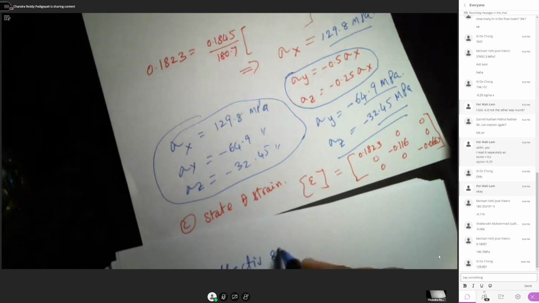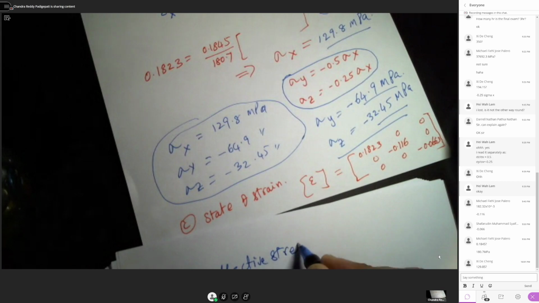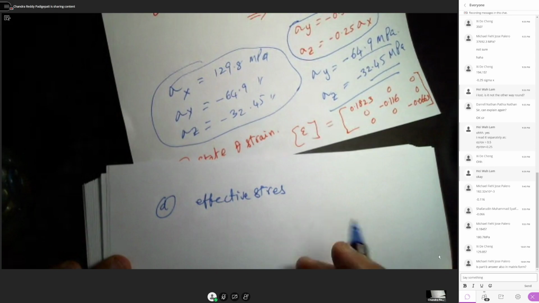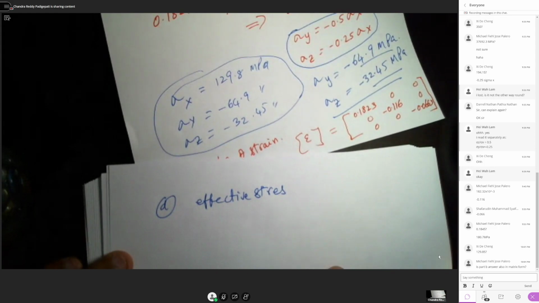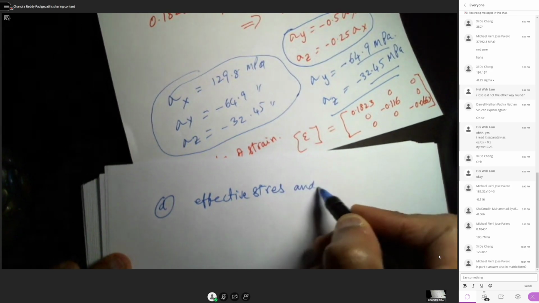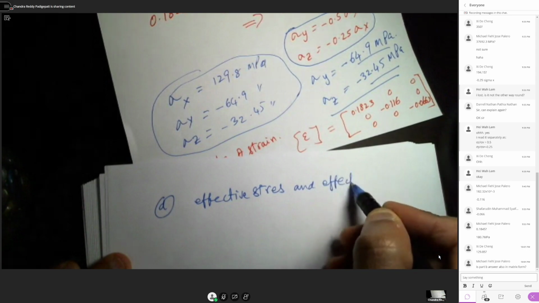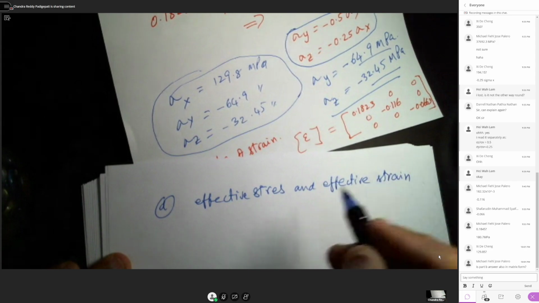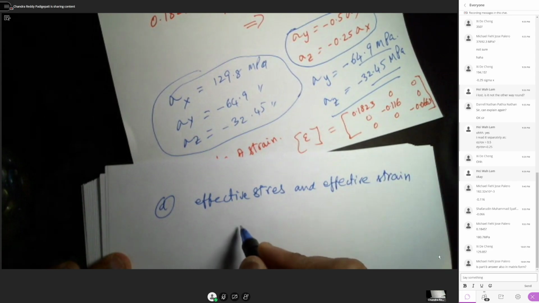For part B, it is better to show the answer in matrix format, so you can show part B in matrix format also. Both effective stress and effective strain we calculated earlier, so you just reproduce the answers.